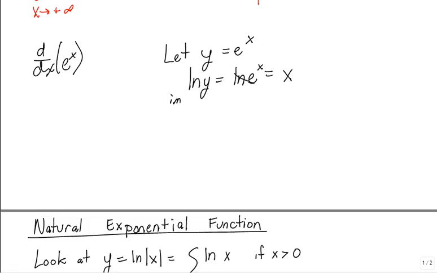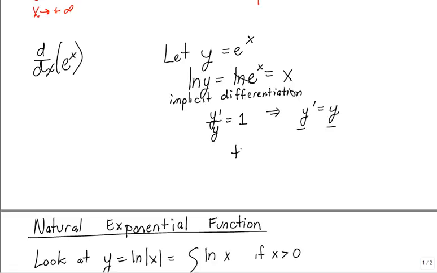We'll do implicit differentiation, getting y prime over y equal 1. So that gives us y prime equal y. Well, that's saying that the function y is equal to its derivative.